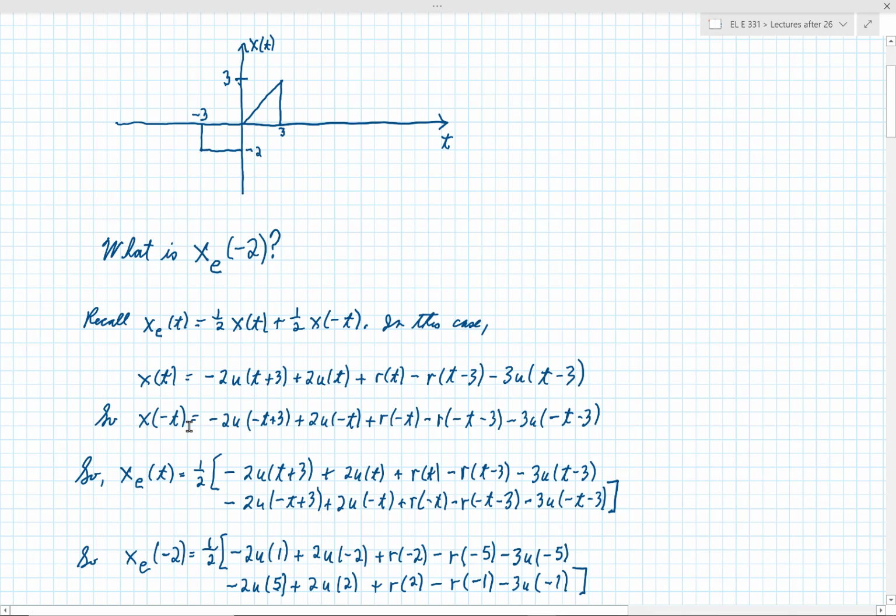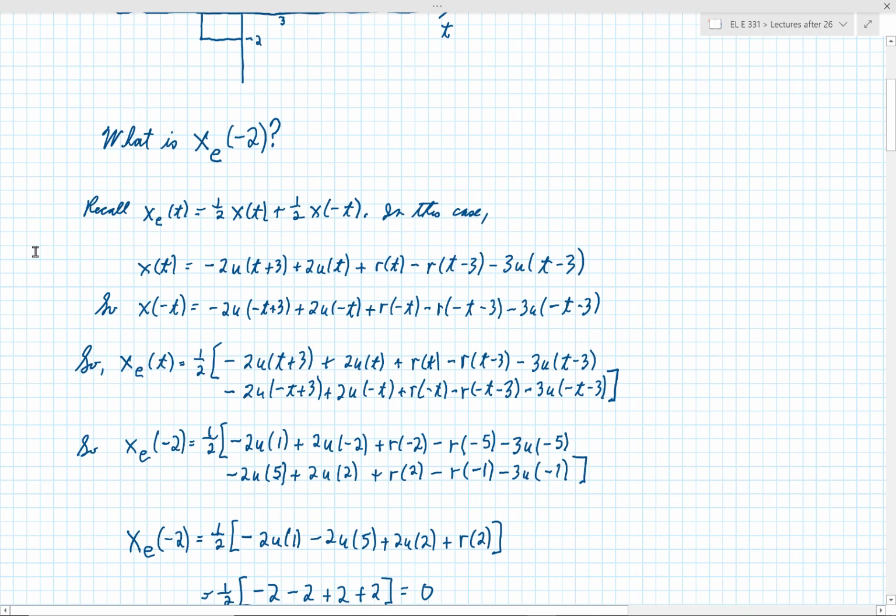Now we have x of t and x of -t, and remember xe of t is 1/2 x of t plus 1/2 x of -t, so we just brought the 1/2 out in front, and then we have brackets, and here on this line we have x of t, and on this line we have x of -t. And so now we're ready to evaluate that.